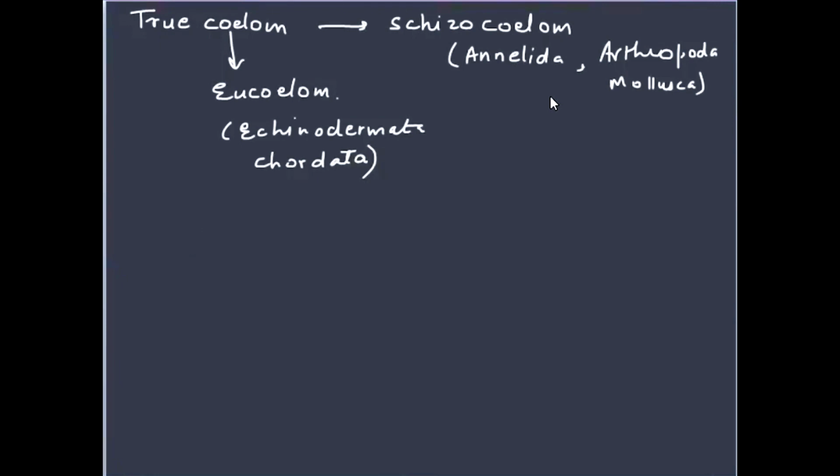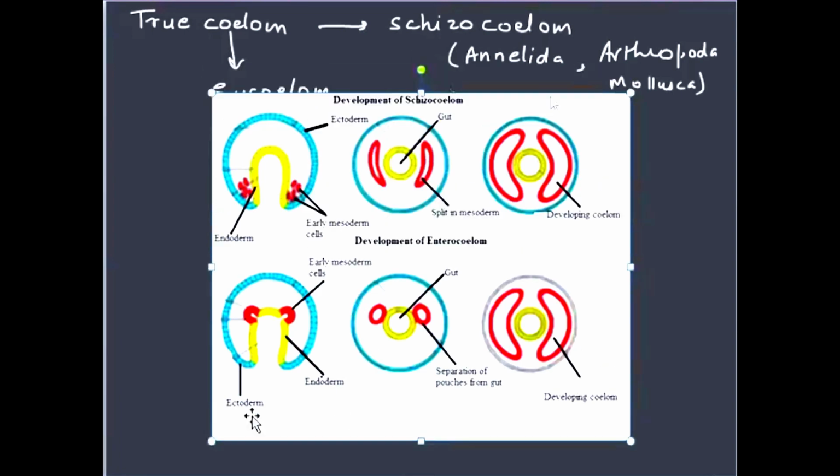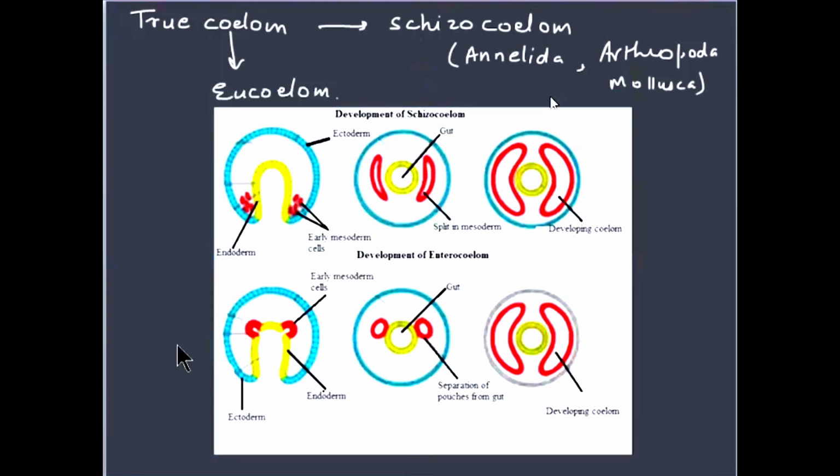Okay. Now let's understand the difference between the two. So let's have a look at this particular diagram. Now here you can see that in schizocoelom, it is splitting of the mesoderm. So in schizocoelom, the mesoderm is splitting and forming a coelom.